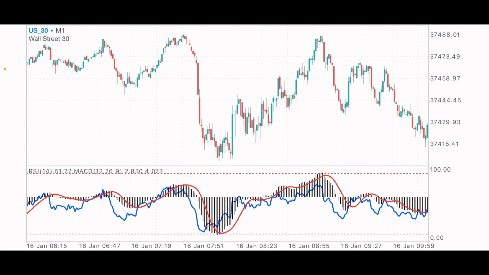So the more you practice your trade, the more you understand the patterns of the market structure, the patterns of how price moves in the market.